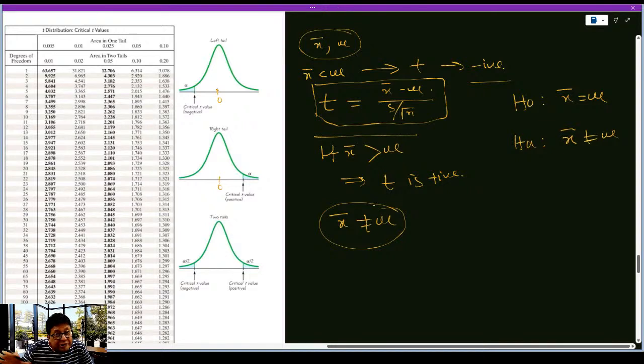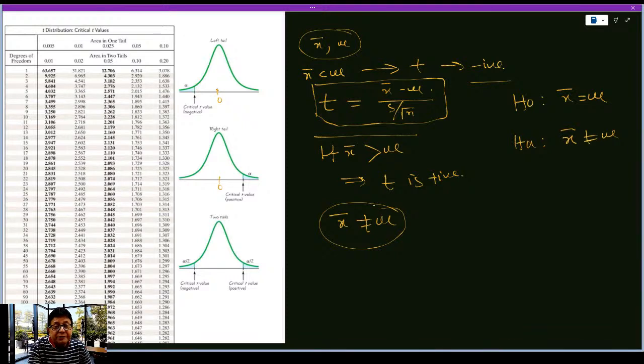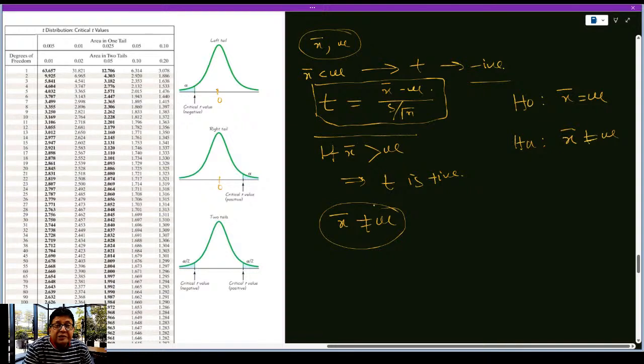So for that, all those steps should be clear first. Then go for the next step, calculation of t, x bar minus mu. There's some stated value of mu there. Population mean is 5, but what you are getting is 4.9.